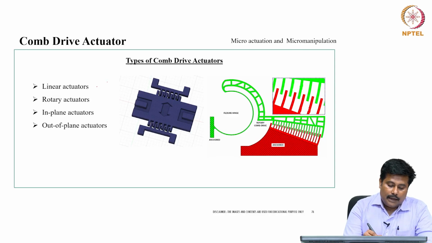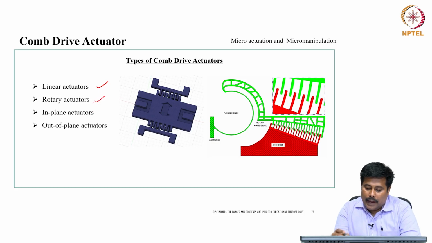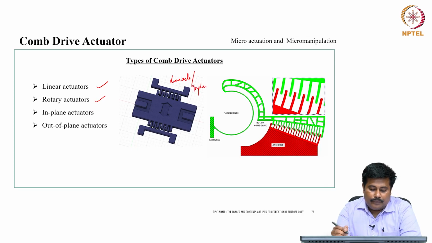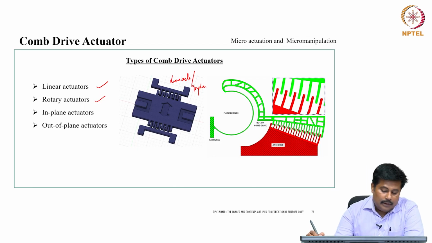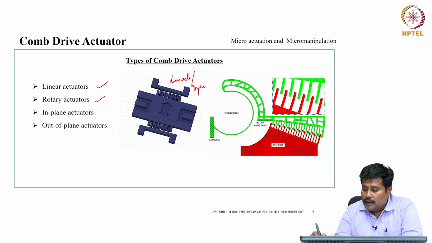One is called a linear actuator, which is mainly meant for linear action. This is a kind of linear actuator, or it can also be considered an in-plane actuator, and this is a kind of rotary actuator. In this rotary actuator, there is an anchor, and then there is a flexural ring which is available with the rotary comb drive.